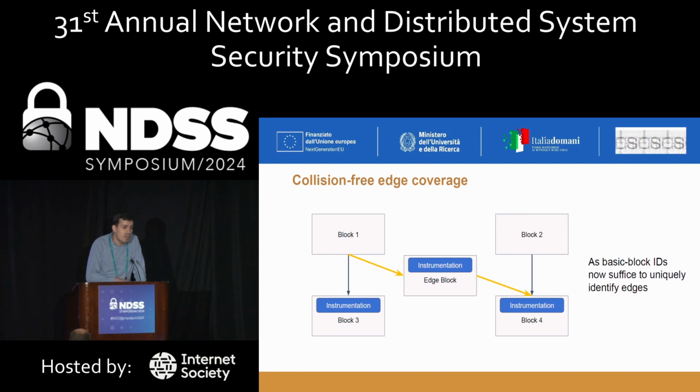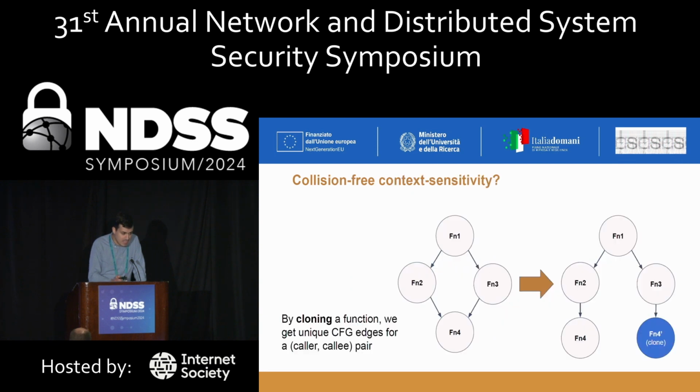Now, we wanted to have this also with context, and we came up with this idea of cloning functions. So let's take this example here. We have function 4, which is reachable through two contexts. One goes through function 2, the other through function 3. What we do is we create a copy of function 4, and we make sure that function 2 continues to call the original function, and function 3 calls the copy.